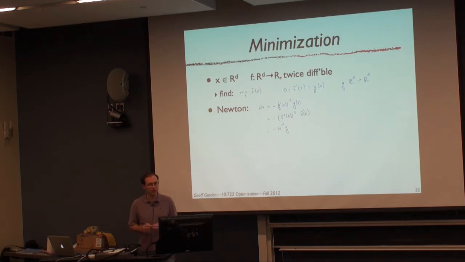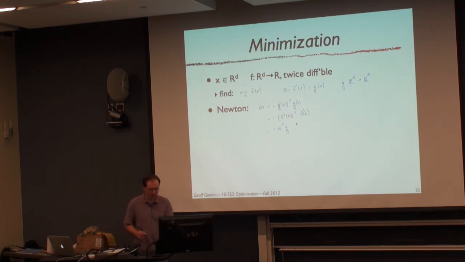It's extremely quickly convergent. It's quadratically convergent. It's only locally convergent, so you have to initialize near the minimum or hope that your function is really, really nice. And we have to solve a d by d system of linear equations every iteration. So if d is 1,000,000 and your Hessian is dense, then you're out of luck. Okay.